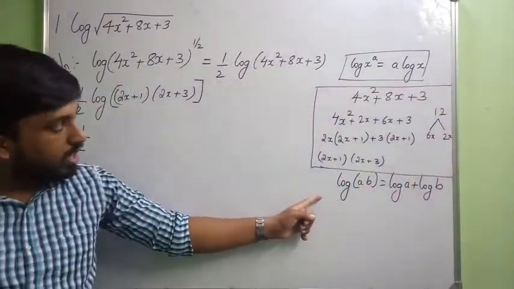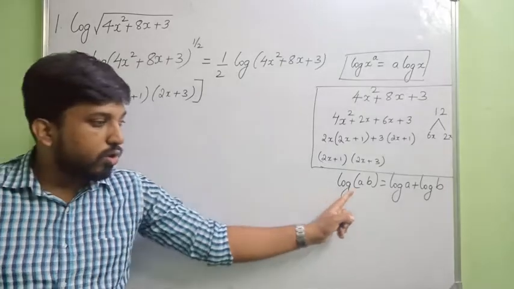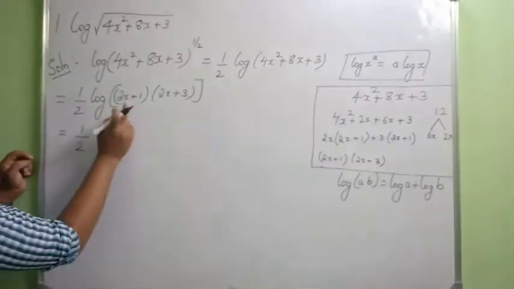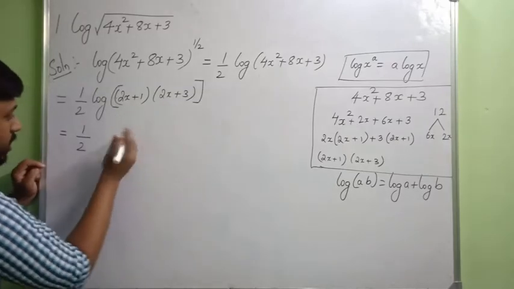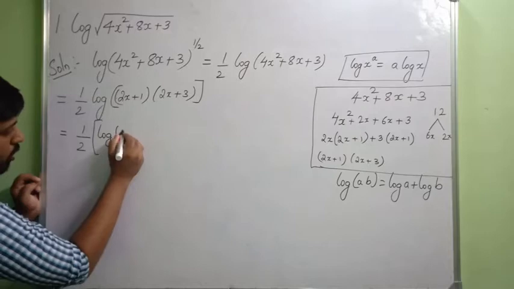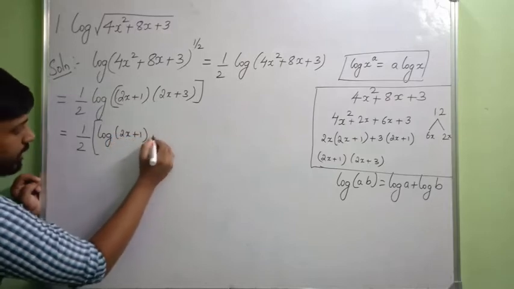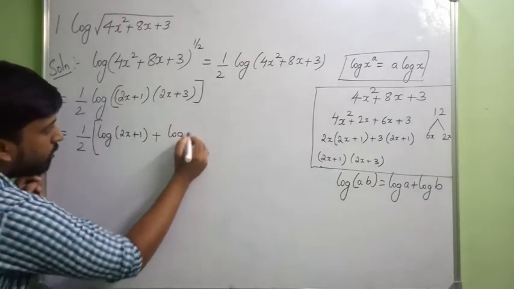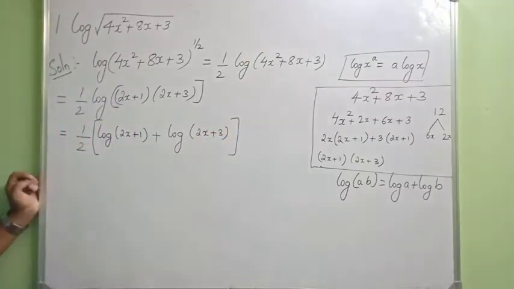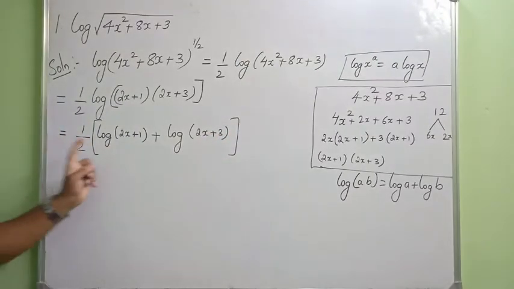Here again I am using a formula, that is log of AB is nothing but log A plus log B. Similarly here, if I consider this as A and this as B, that is going to become 1 by 2 into [log of (2x + 1) plus log of (2x + 3)]. Okay, so now we got this.